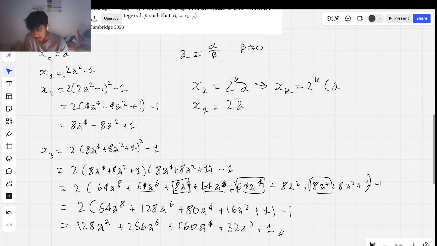For instance, 2k a minus 1 squared minus 1. This is equal to a squared. Actually, this is never going to work.